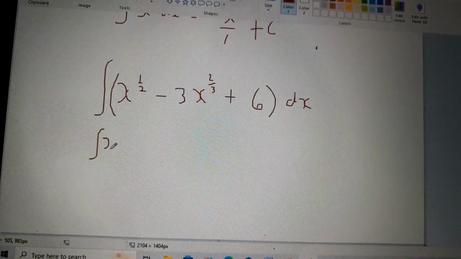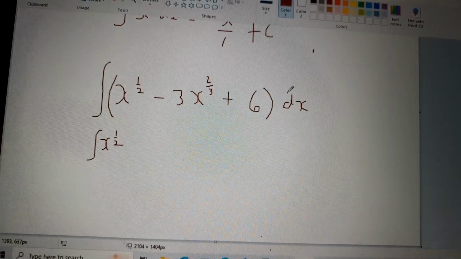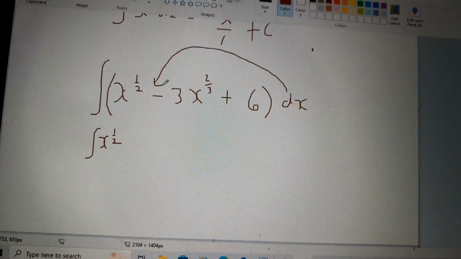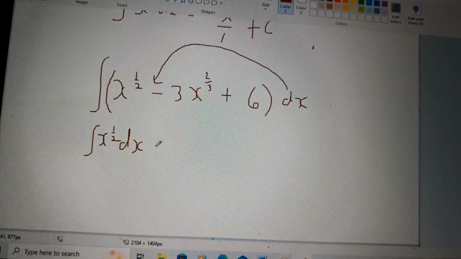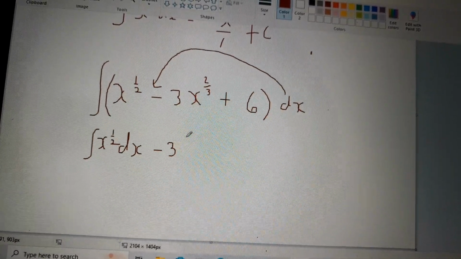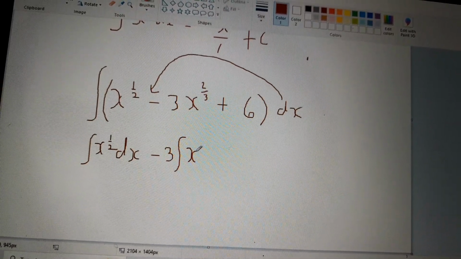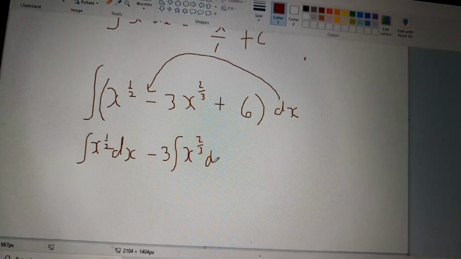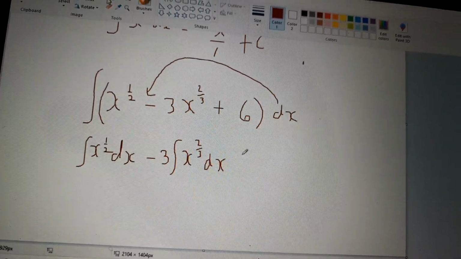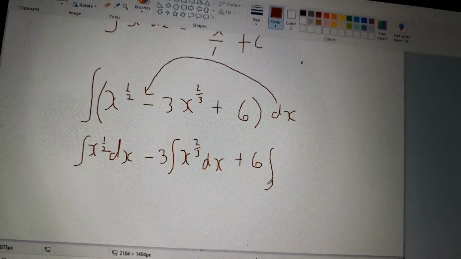It's the integral of x to the half dx, minus 3, so I'm bringing this constant in front, the integral of x to the 2/3 dx, plus 6 the integral of dx.